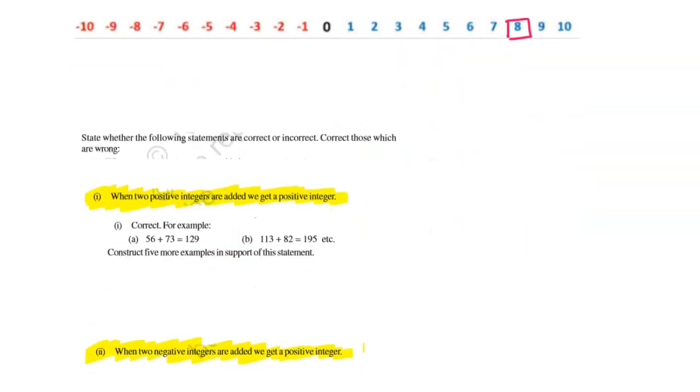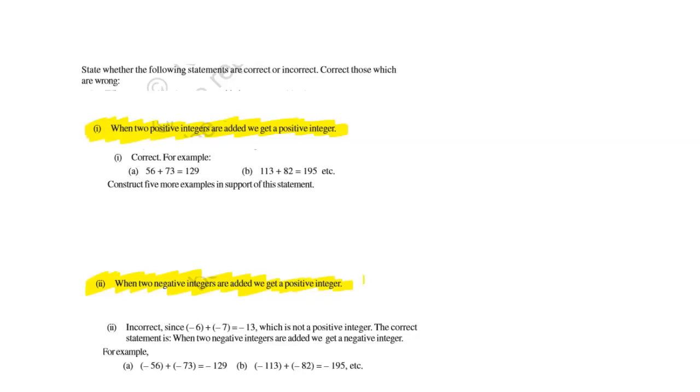So let's do some questions given in NCERT. From there only I have taken all this. So when 2 positive integers are added, we have to tell whether these statements are true or false. It says when 2 positive integers are added, we get a positive integer. So let's check. If we add positive 5 and positive 8, the answer is positive 13.